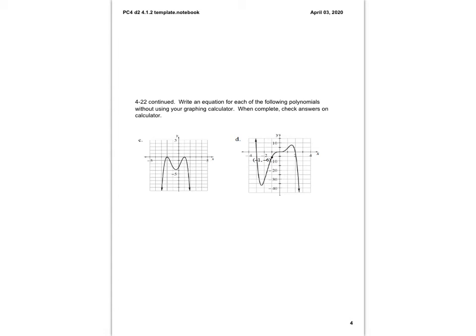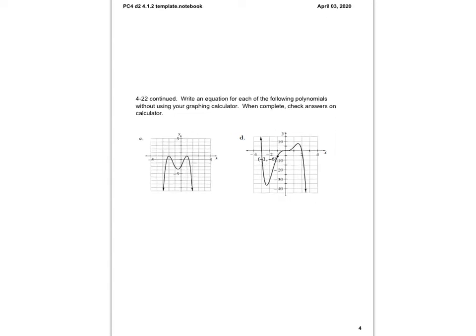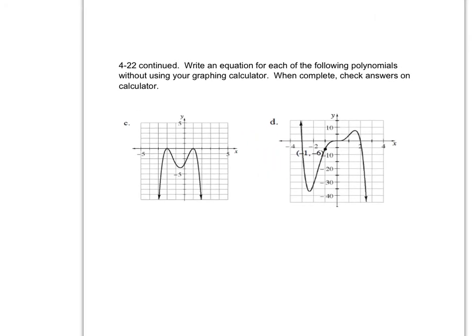Here are 2 more. What I would like you to do is to pause this as soon as I'm done giving you a couple of hints, and then write the equations and compare your answers to what I have. My hints happen to be: in part C, you have 2 roots at a negative 2 and at 1, where there's a bounce.